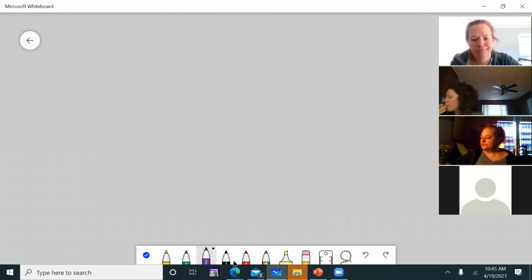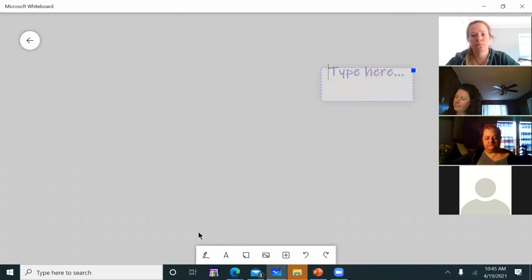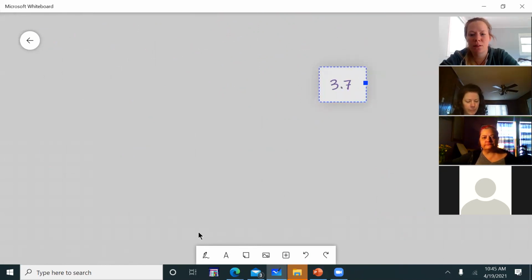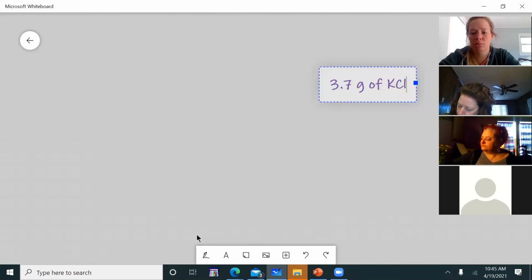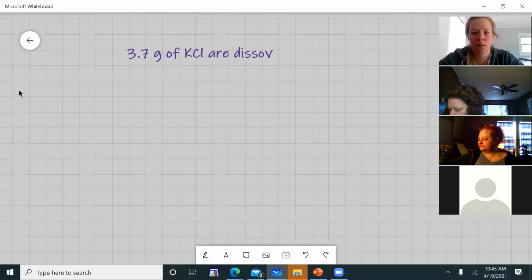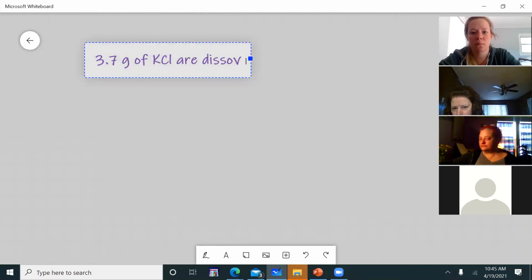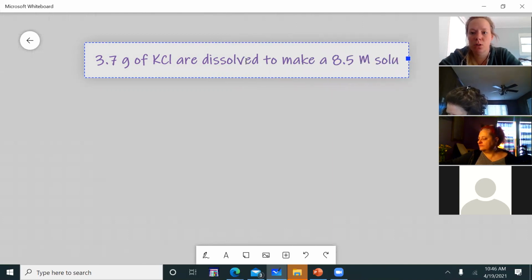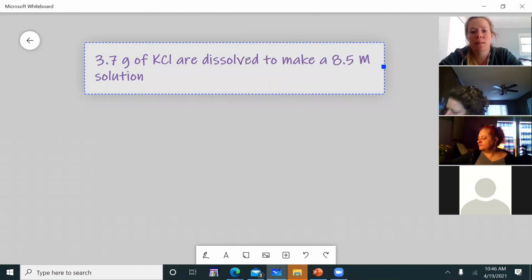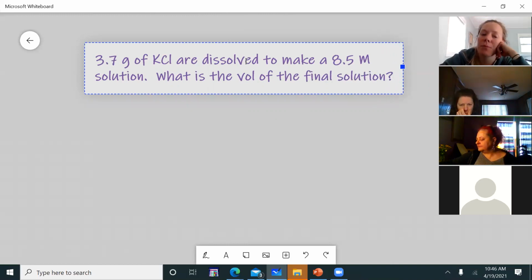So, 3.7 grams of KCl are dissolved to make an 8.5 molar solution.